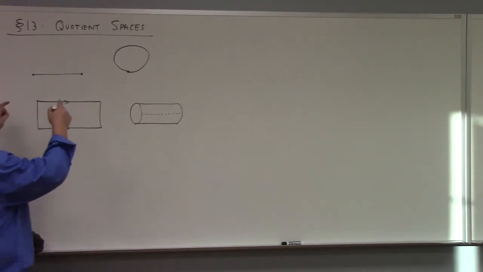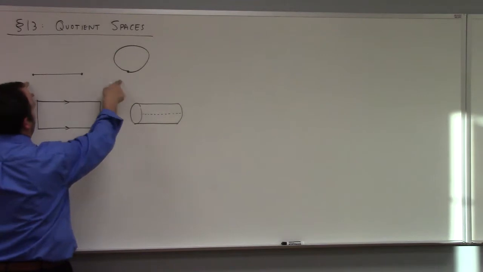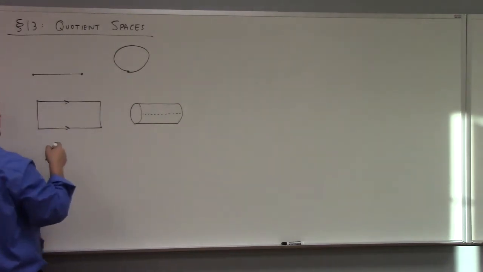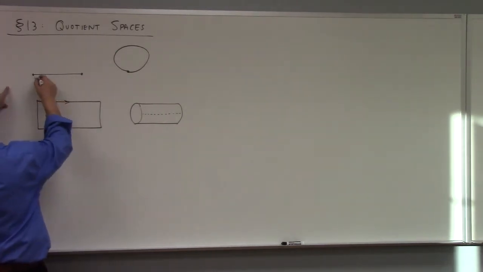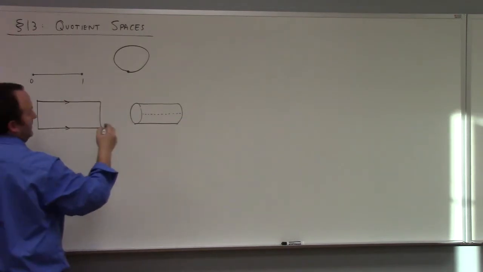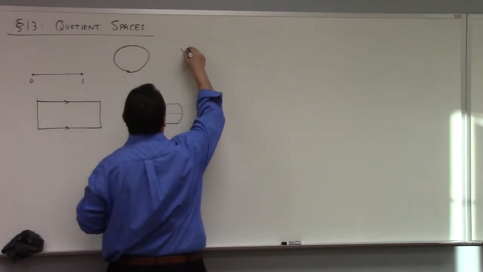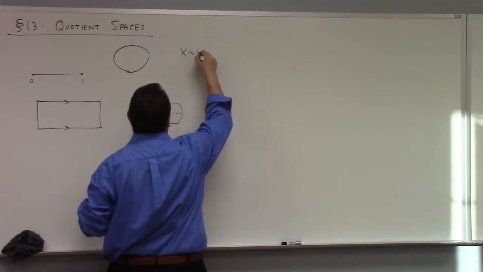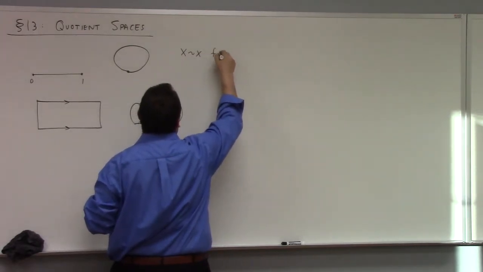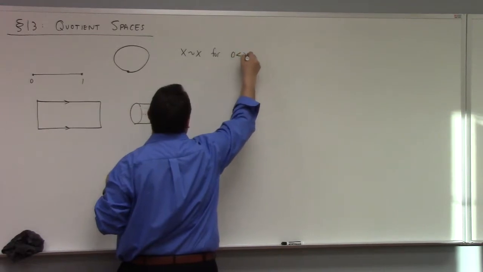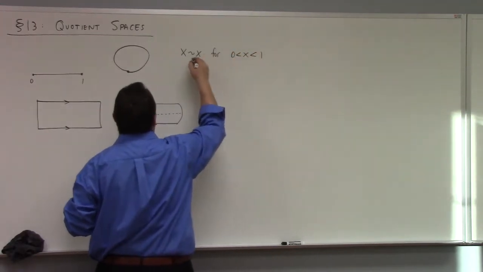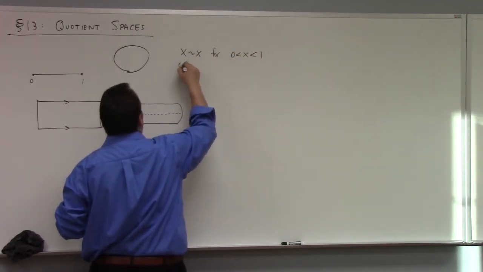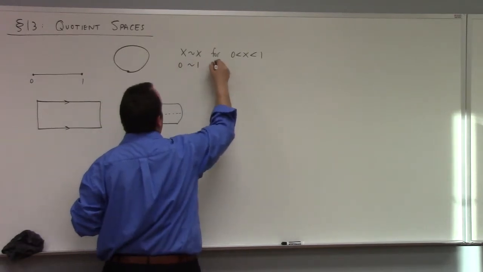But the equivalence relation that corresponds to this one would be something like, if this is 0 to 1, we're saying x is equivalent to x for 0 less than x less than 1, and then also that 0 is equivalent to 1.